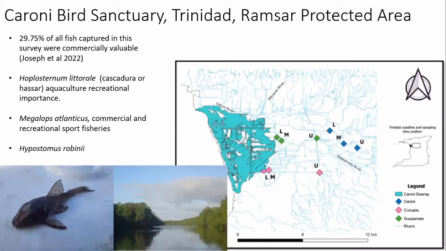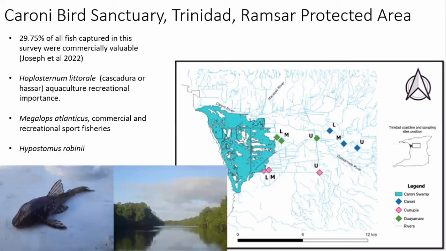And in recent work done by Joseph in 2022, one of our previous research students, Amy Deacon, and I shared, he noted that more than 29% of all the fish captured in 3 tributaries leading into the Caroni drainages had some sort of commercial value, whether it was cascadoo or tarpon or teta. We have a picture of a teta here. They all had some type of commercial value.